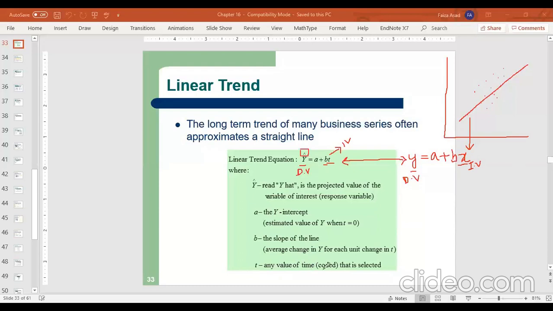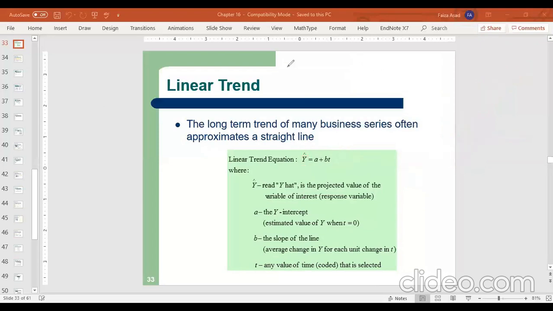T is any value of time coded that is selected. T is basically the years or the numerical coded values where all the sales data points are given. We will see in the next slides. So let's move on to the next slide.